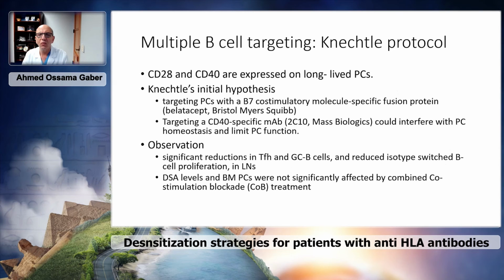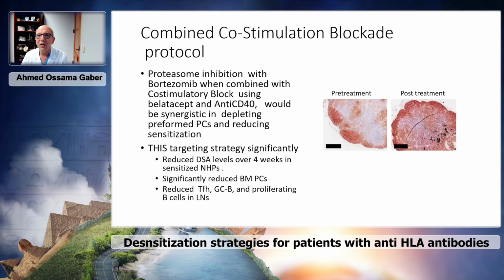He used CD28 and CD40 inhibition together with bortezomib, so that he can actually target the B cell repertoire from all different directions. And if you look at what he did, bortezomib, co-stimulatory blockade with the anti-CD40, and then, of course, this leads to the disappearance of the CD20 cells from the inside of the lymph nodes.